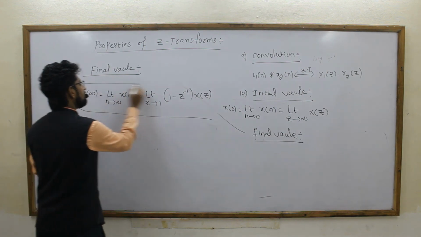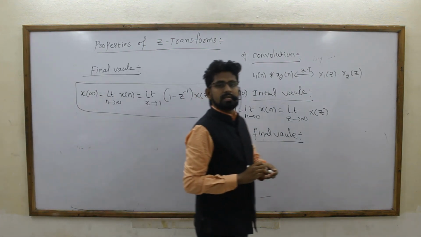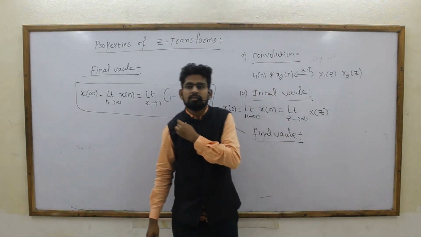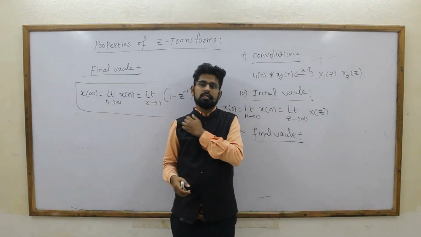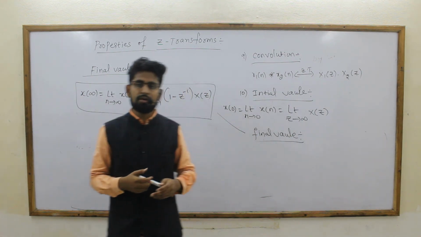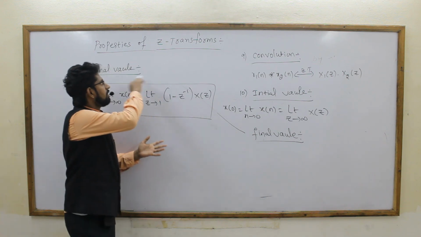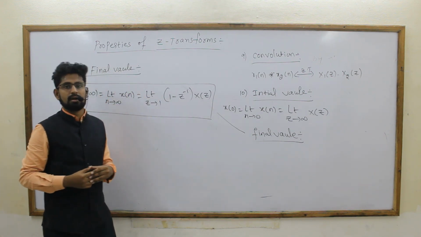This is the final value theorem. The initial value theorem and final value theorem are very important from the GATE point of view. So these are the properties of Z transforms.